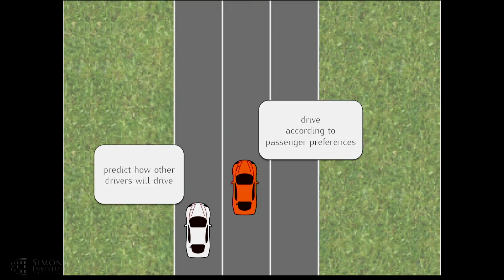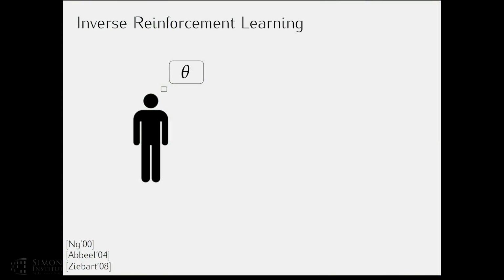Now, of course, there's an established way of doing this, and it's called inverse reinforcement learning. I think most of you know about it. The idea is that you have a person, and the person implicitly knows some parameters of the objective function that we're going to call theta, but can't write them down.